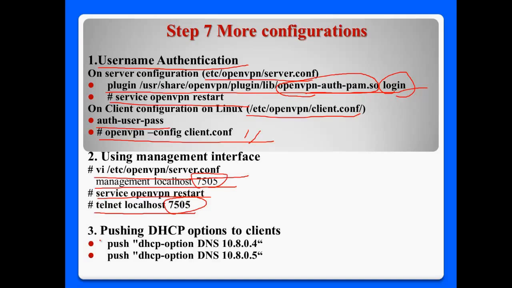Number 3, pushing DHCP options to the client. In the server file, we can add this kind of line, for example DHCP or DNS options. Here, 10.8.0.4 and 10.8.0.5 will be the DNS servers for the client which wants to connect to the VPN server.